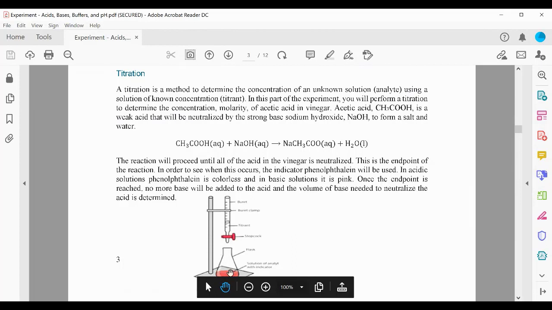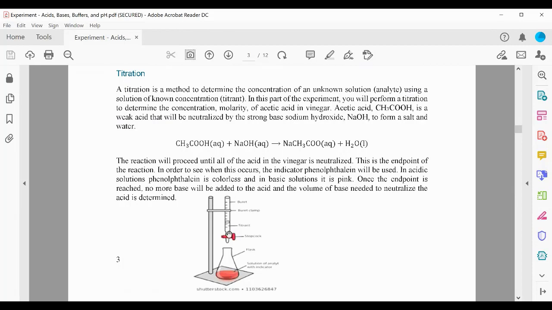Here, instead of this Erlenmeyer flask, you are going to use a beaker, and you are going to put in the beaker your unknown, which is your analyte. In our case, it is going to be vinegar, because you are trying to see how much acetic acid is in the vinegar.